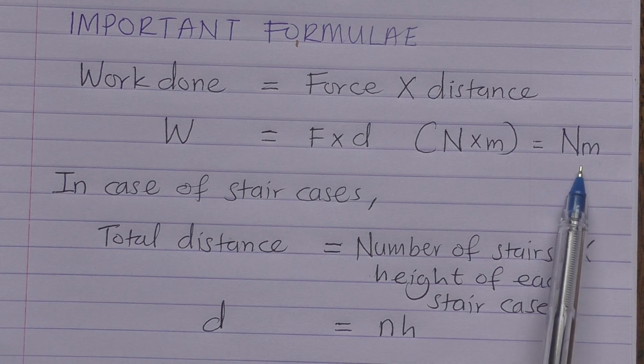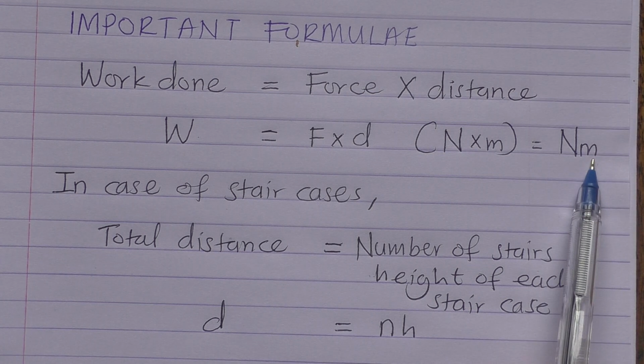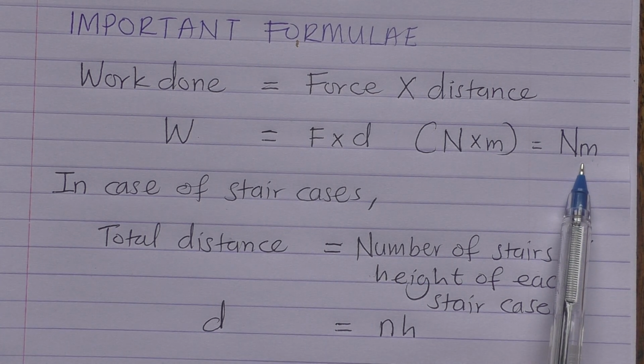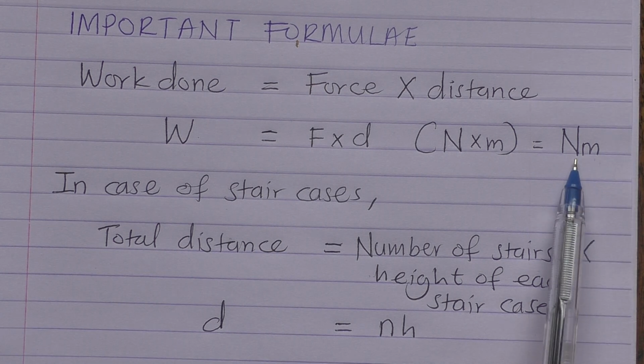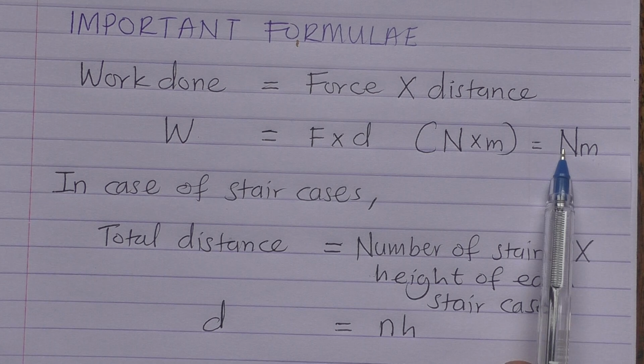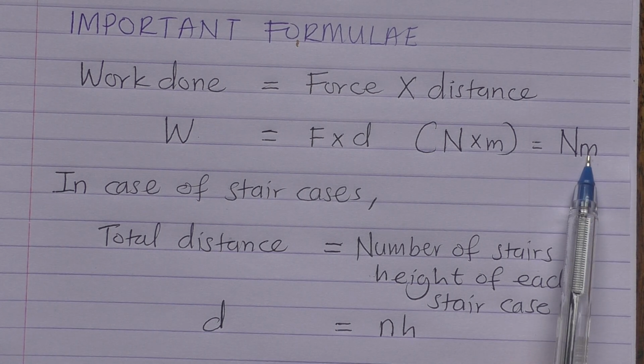But when we combine Newton meter, we get what we call a joule. Therefore, there are two units for work done. We can use Newton meter, or the product of 1 Newton and 1 meter gives us a joule. A joule is a capital J.